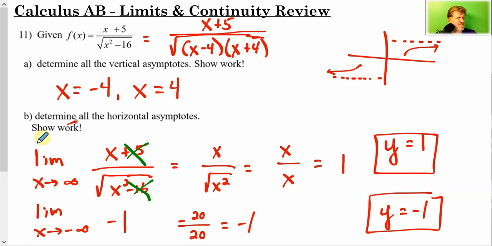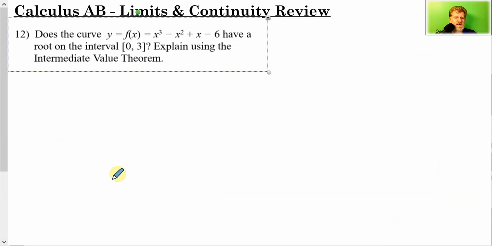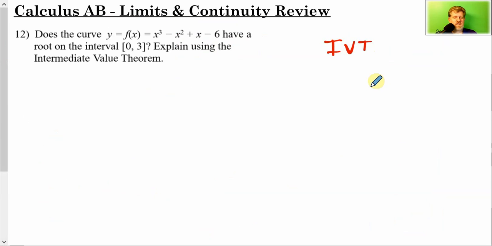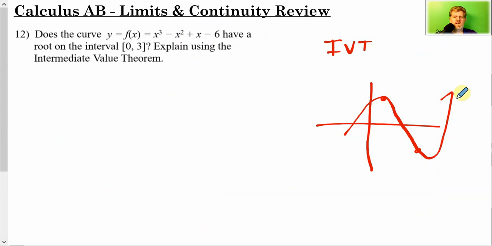Okay? All right. The intermediate value theorem, that sometimes we call IVT for short. And if you don't remember it exactly, you know what it does, because once you see this, if I have a point here and a point here, and I've got a continuous function of some kind.